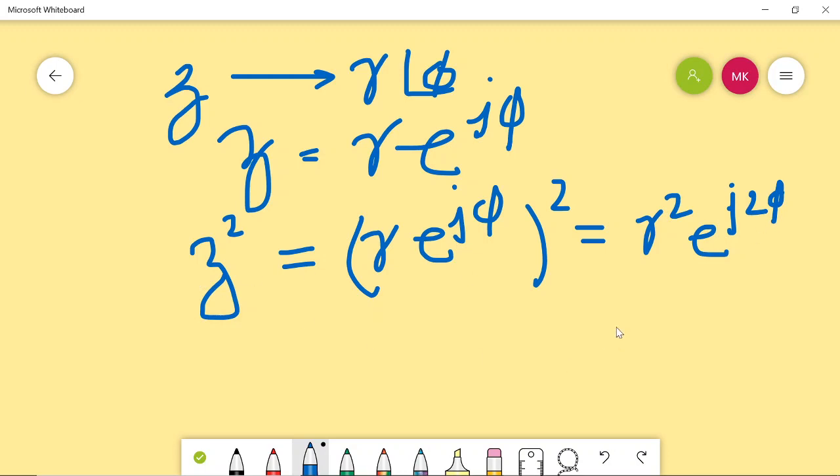So z square will have the magnitude r square, and the phase will be twice the phase of z.